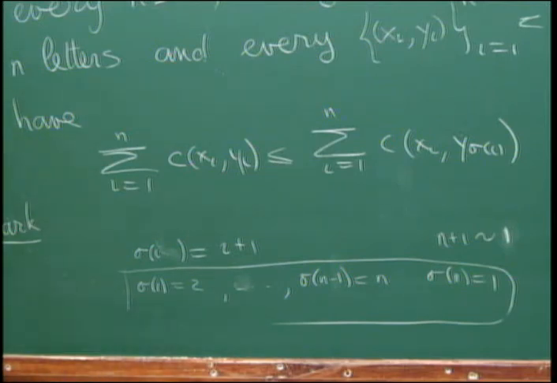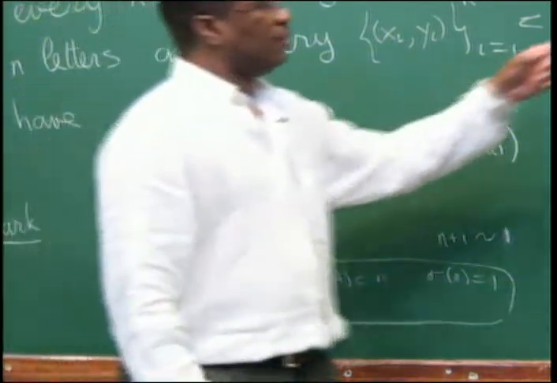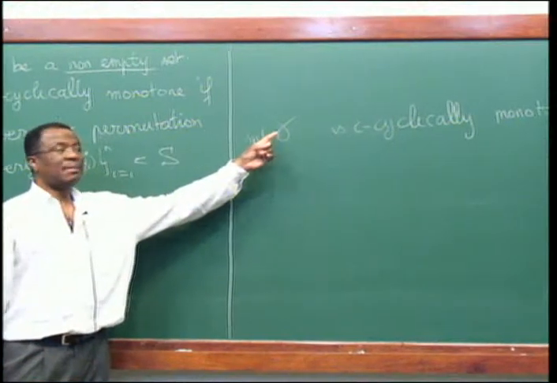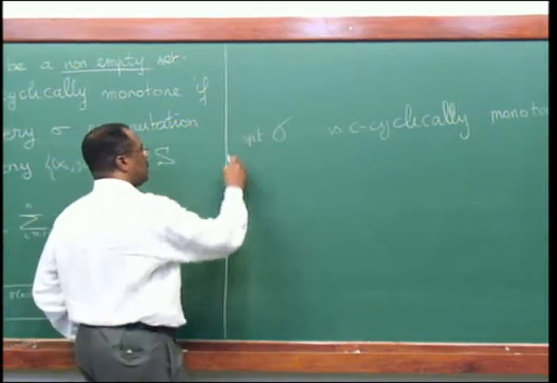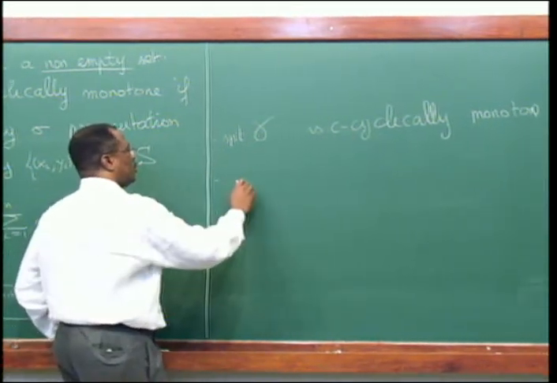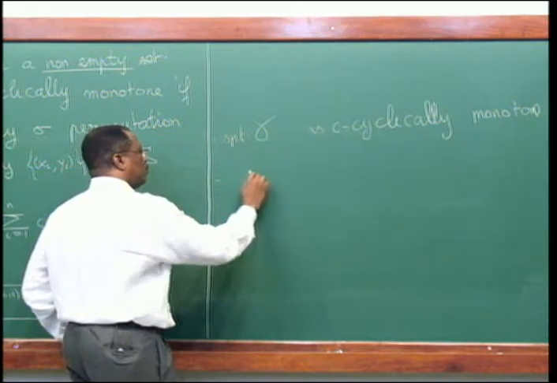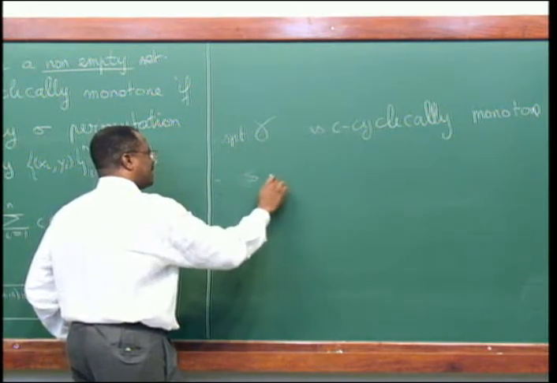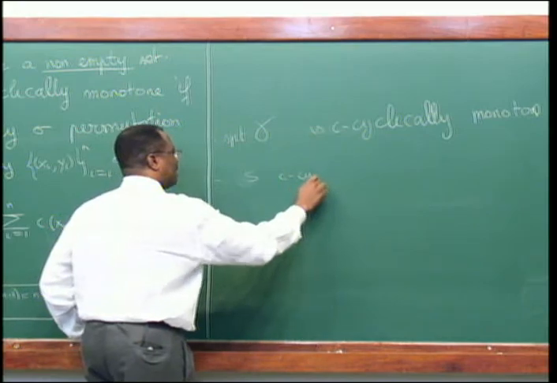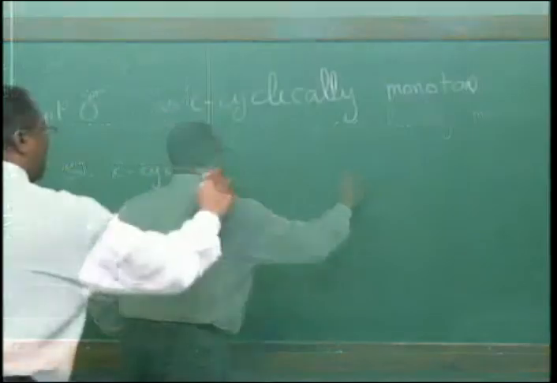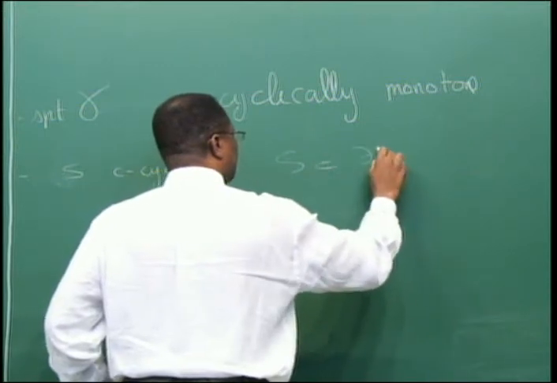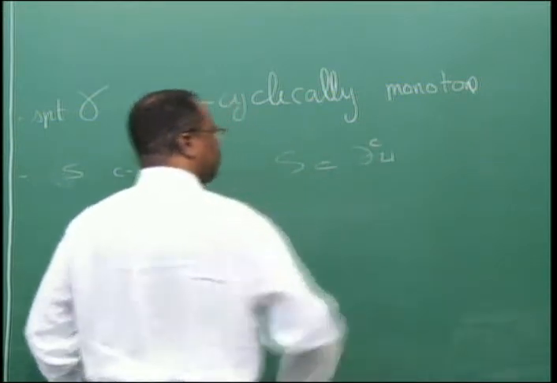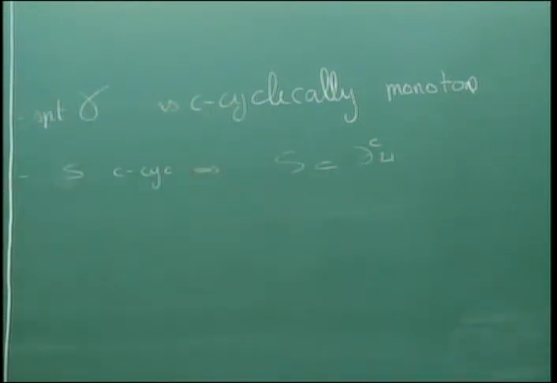So the plan is to show that the support of every optimal gamma is cyclically monotone. Then to show that if the support S is C-cyclically monotone, this implies S is in the C-subdifferential of a function u.